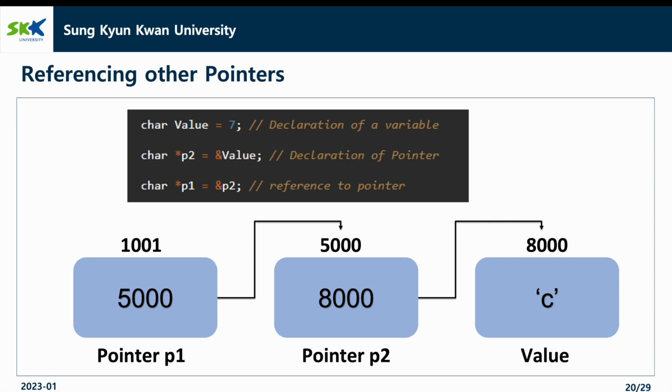The pointer variable p2 is a variable that contains address 5000 of the pointer variable p1 and has a memory address of 1001. In this way, the pointer variable can point to the address of another pointer variable.